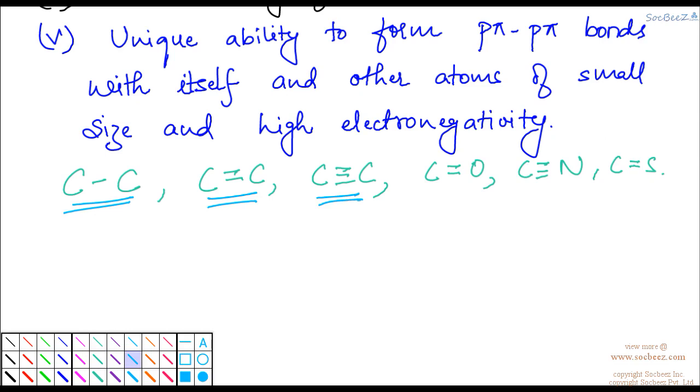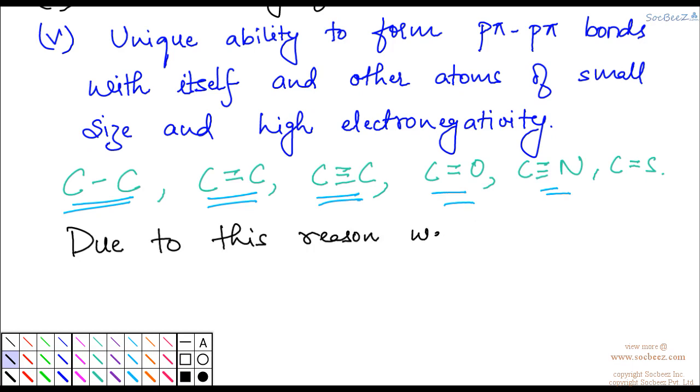Most of the other elements do not have the property of forming bonds with themselves to a very high extent. Carbon has a very high tendency to form bonds with itself and with other atoms which have a small size and high electronegativity. Due to this reason, we have so many compounds of carbon.